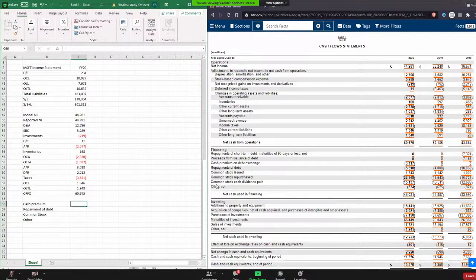Okay. The cash premium is minus 34.17. Repayment of debt minus 5,518. Common stock, let's do 1,343 minus 22,968 minus 15,137. Wait, hold on. Other was negative 334 million.